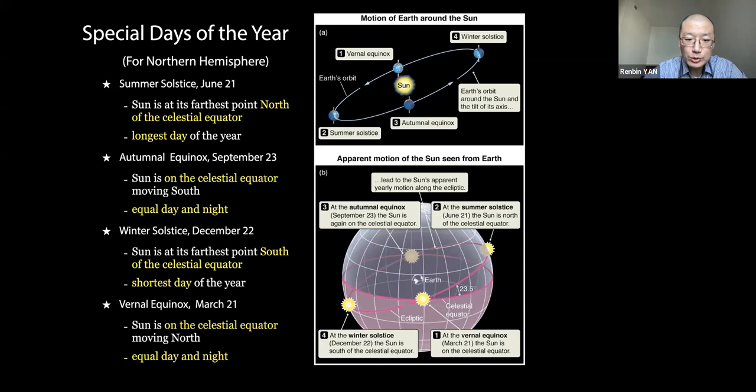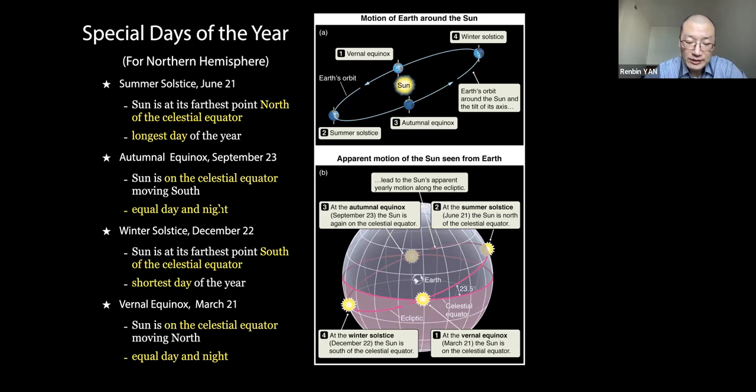And also there are two special days in the spring and in autumn. In the autumn equinox, September 23rd, the sun is directly shining on the celestial equator at this position. At that point we receive an equal amount of sunshine from the north and the south, so both the northern and southern hemispheres receive about the same amount of heating.